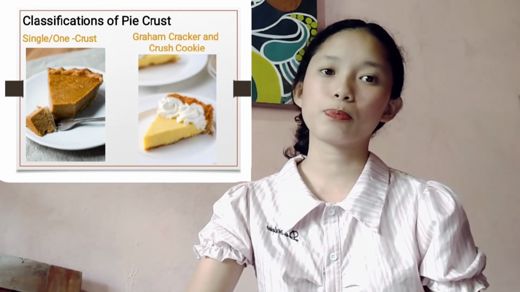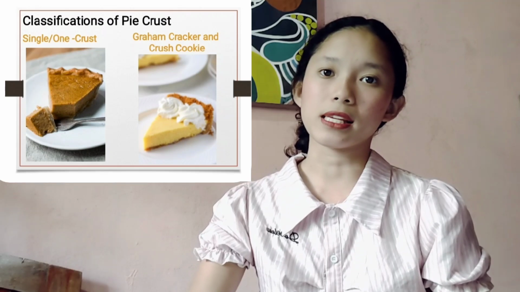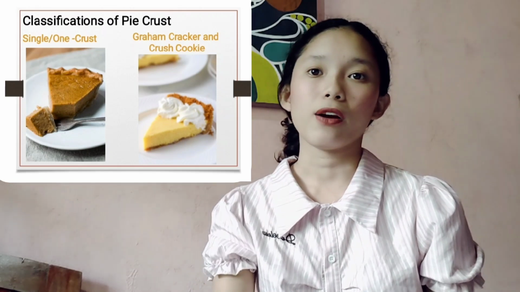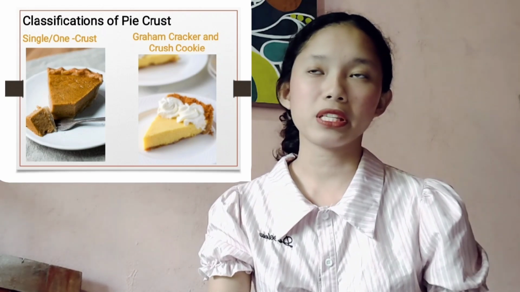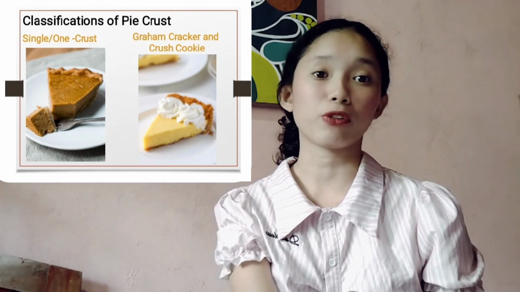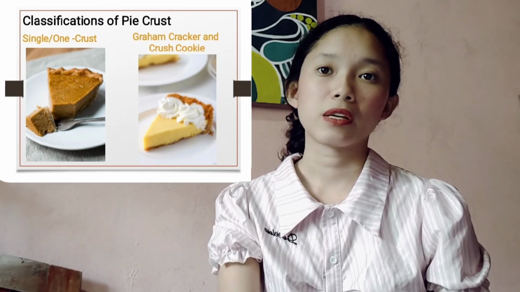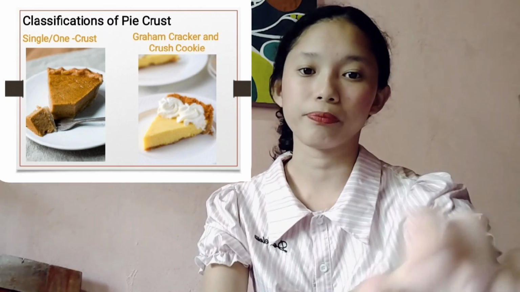So the crust of the pie is made of graham cracker and crushed cookie. So this classification of pie crust only covers those pies that have sweet flavor.